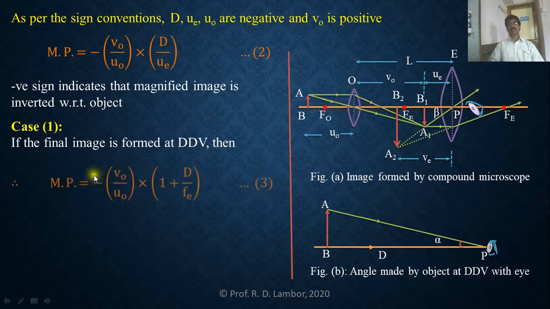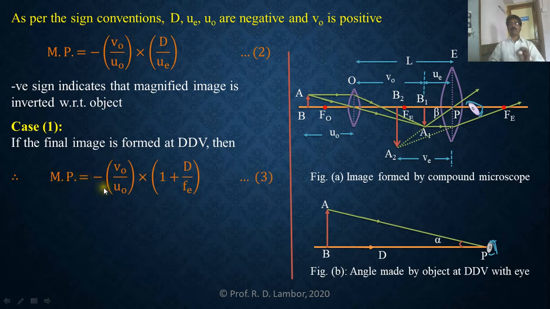That's why the magnifying power of the compound microscope is equal to minus VO upon UO, that is the magnifying power of the objective, multiplied by the magnifying power of the eyepiece, which is nothing but a simple microscope.